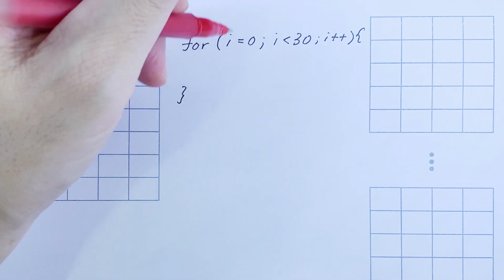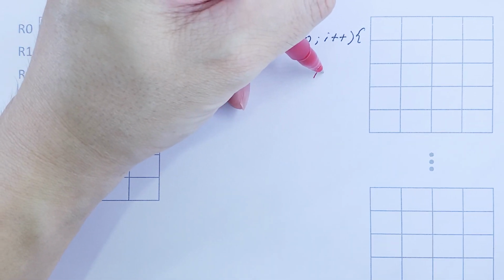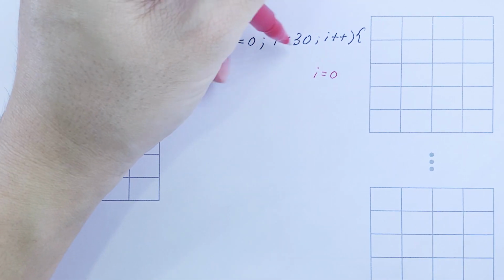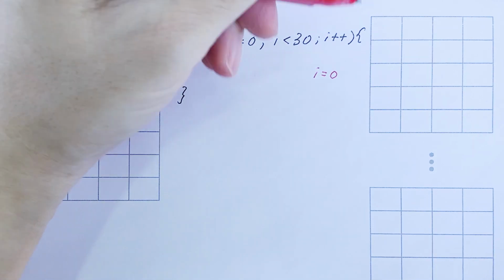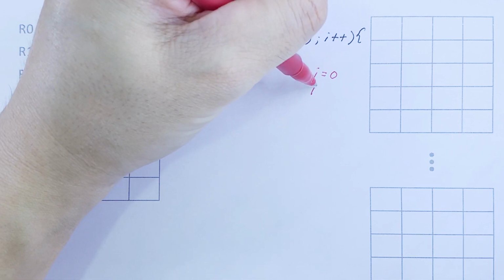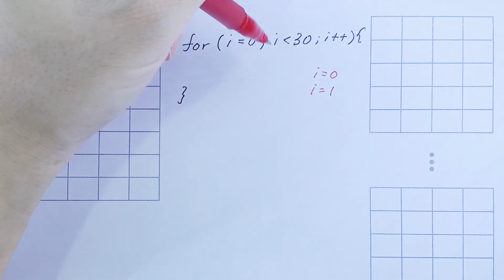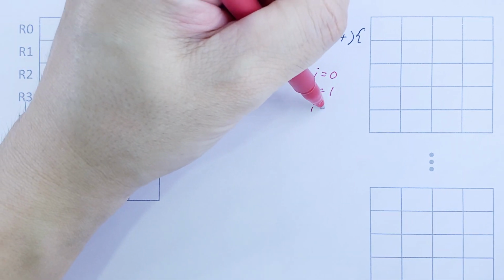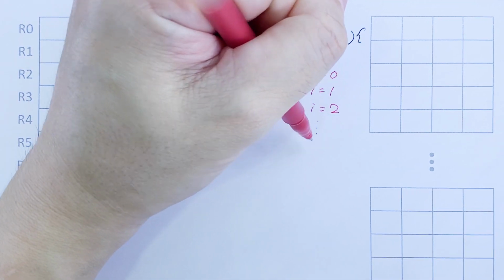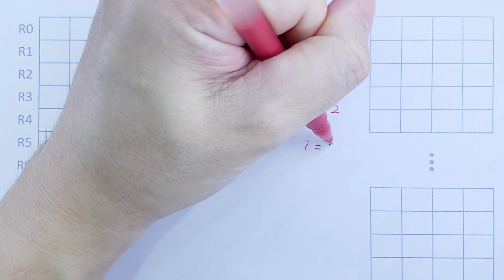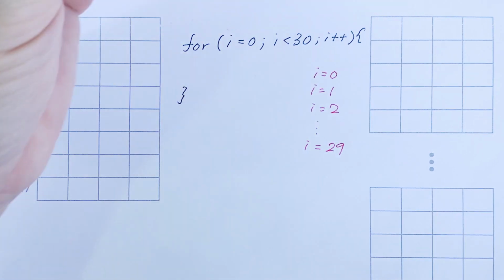In this for loop, for example, i starts with 0. After you complete the process in between, i will become 1, and so on. i will become 2, and repeat the same thing again until i becomes 29.